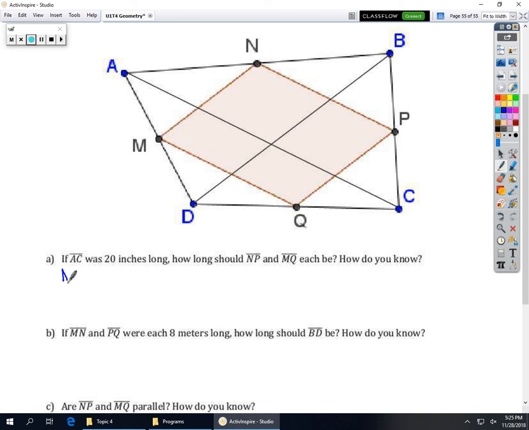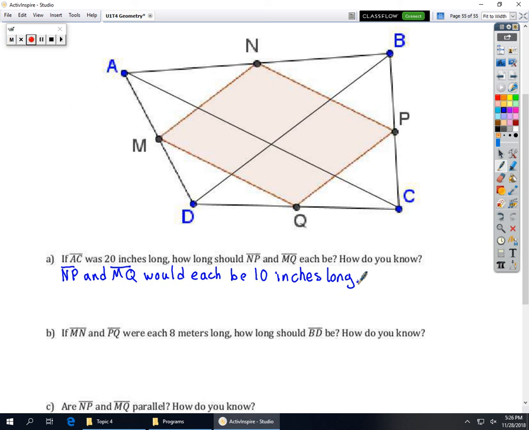So we're going to write NP and MQ would each be 10 inches long. We can't just do that. We've got to answer why. How do you know?